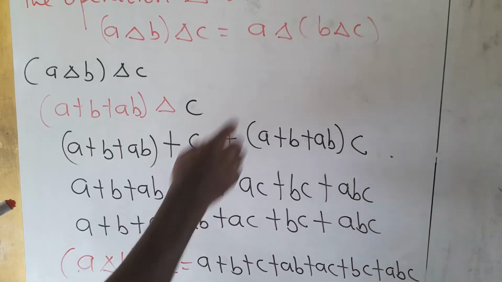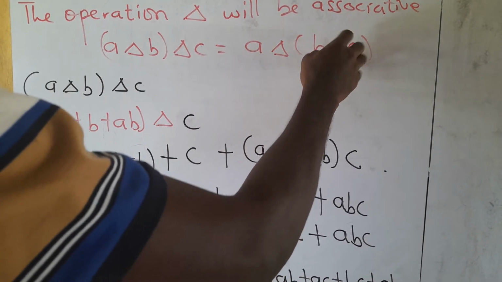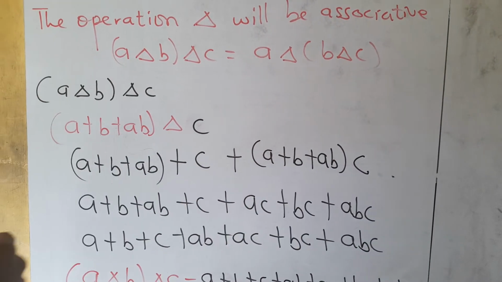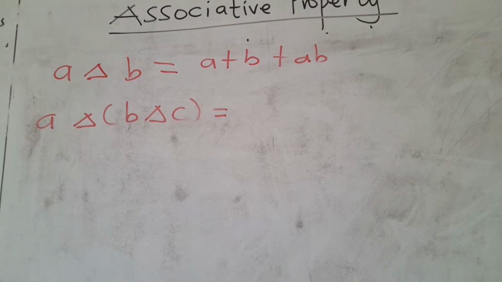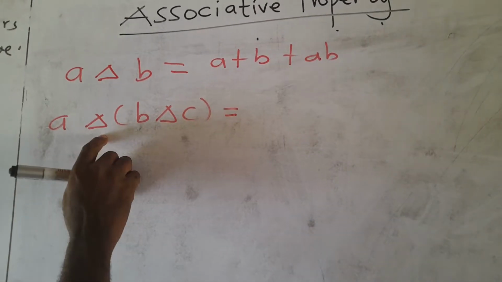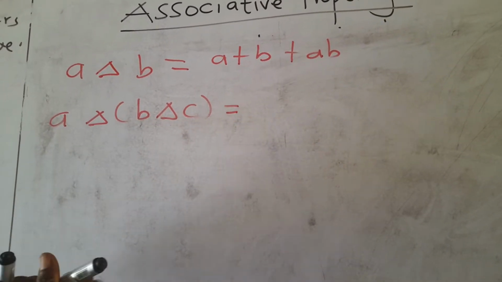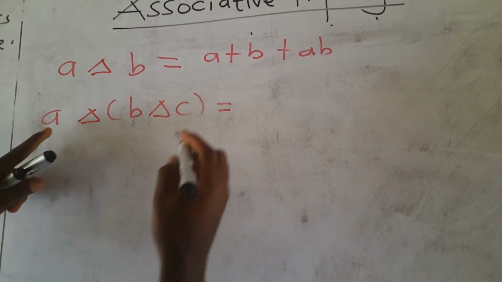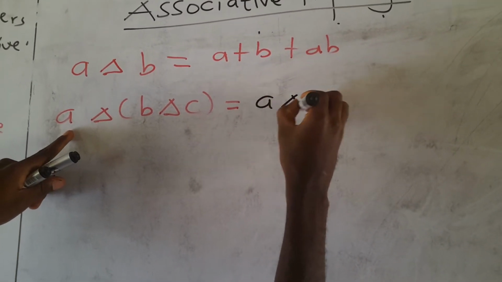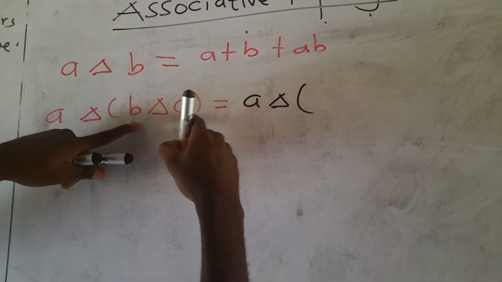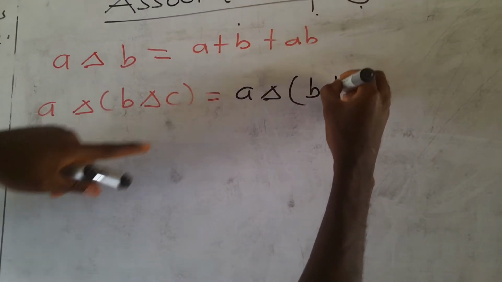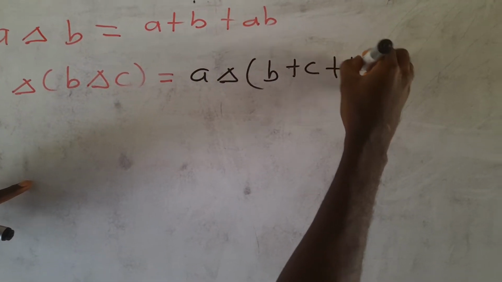So that's for the left hand side. Now the right hand side, that's A delta (B delta C) in brackets. So in solving for the right hand side, that's A delta (B delta C), we'll deal with what is in the bracket first. So you can have (B delta C) will be B plus C plus BC.